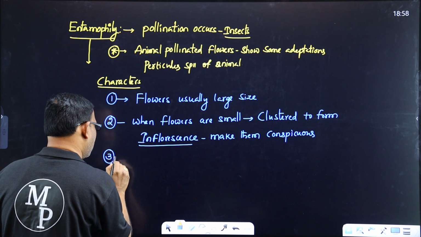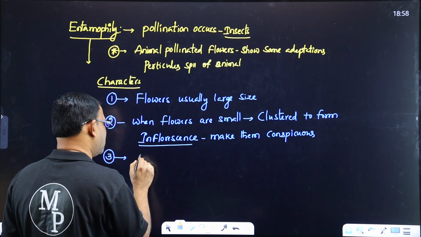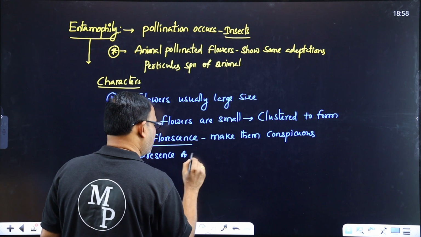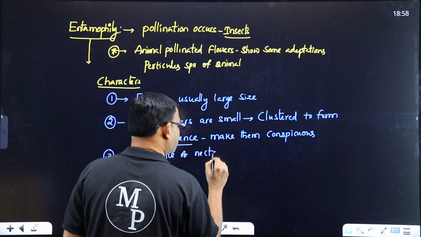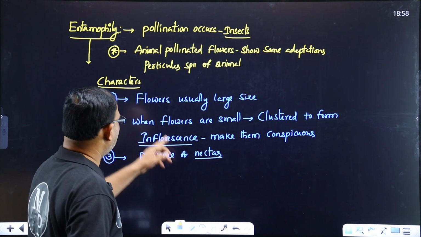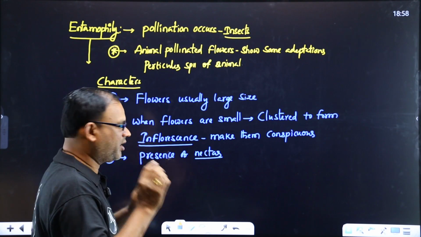Now what about the third character? The third character is the presence of nectar. Nectar is present. Okay na? That is also one of the adaptations. Very very important.